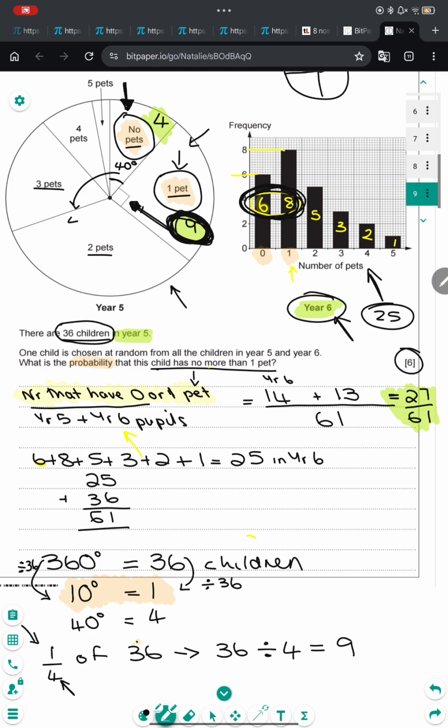And then you've got setting out your probability. So even if you'd thought, well, I know to work out a probability, I need the total number of children in year 5 and 6. If I can work that bit out, that's 61. That would be 1 mark. So always look at your question and think, what's in there that I can work out?